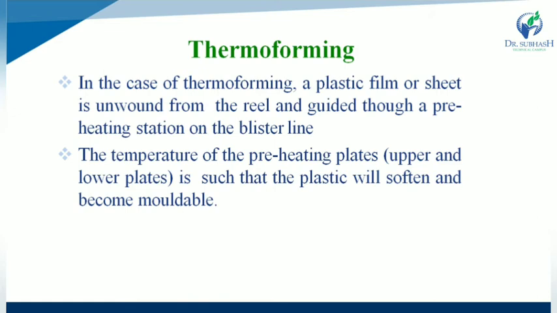The temperature of the preheating plates, the upper plate and the lower plate, is such that the plastic will soften and become moldable. So first of all, the upper plate and lower plate are preheated, and the plastic softens properly and becomes moldable.